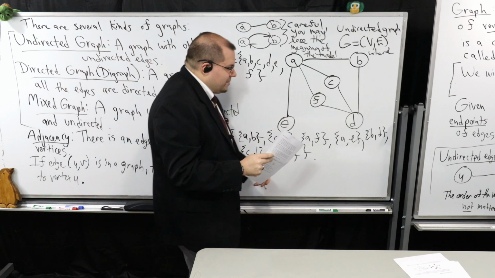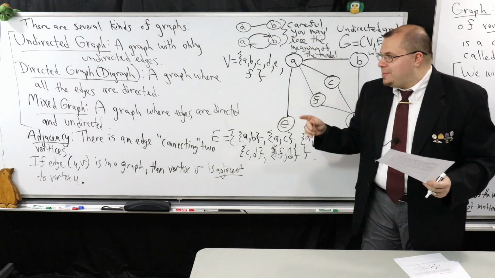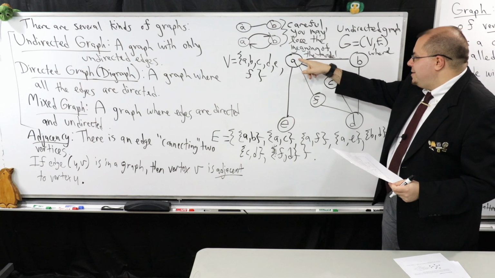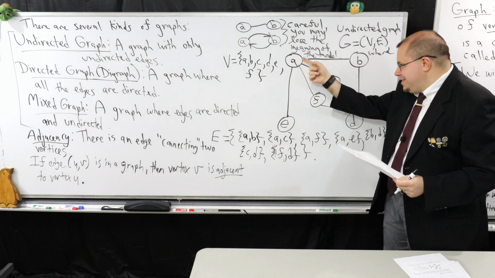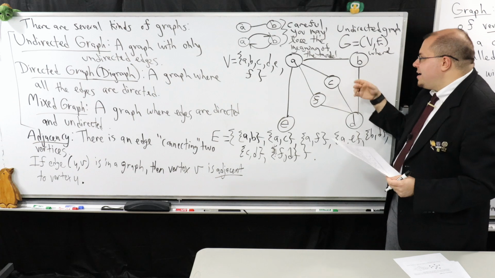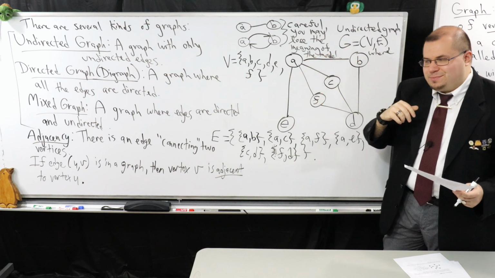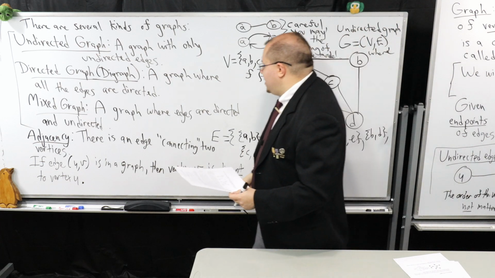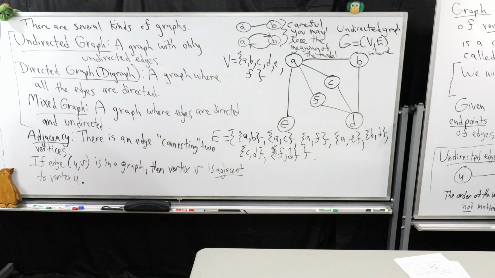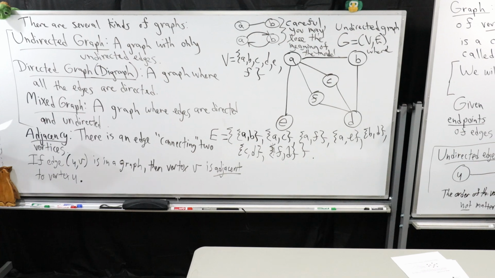That's the phrasing we will use if I want some way of saying that these two vertices A and B are connected. I'll say that A is adjacent to B, or B is adjacent to A, for example. I just have a couple of cases I need to knock out for this. Let me move over to that board.